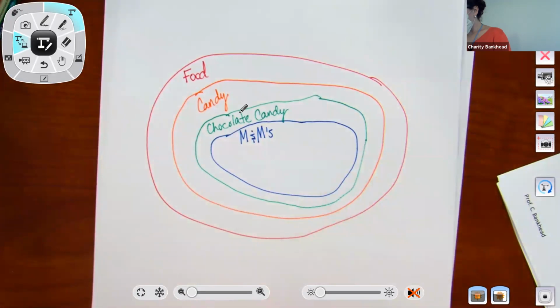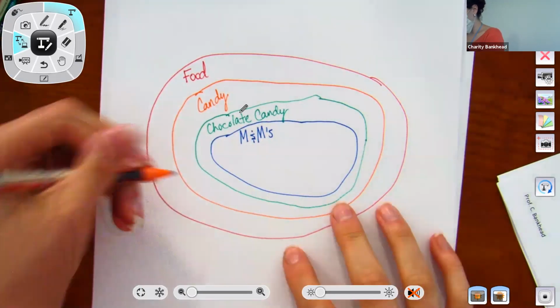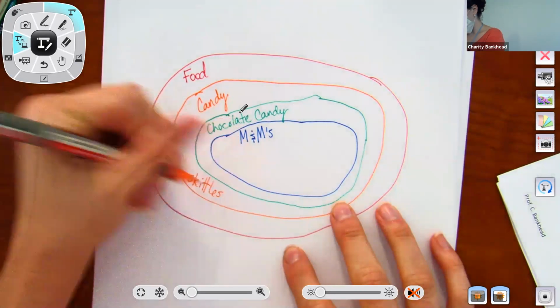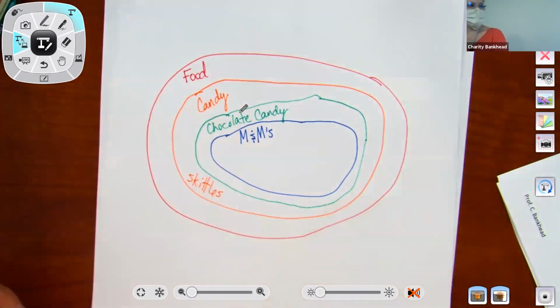So what if I said Skittles? Where do I need to put Skittles in this diagram? I would put it here, because Skittles are tiny candy, but they're not chocolate.